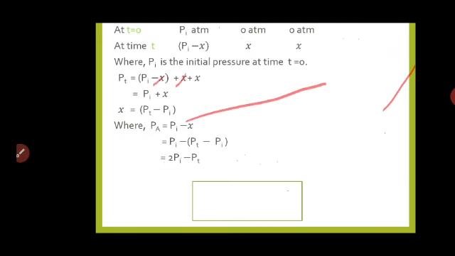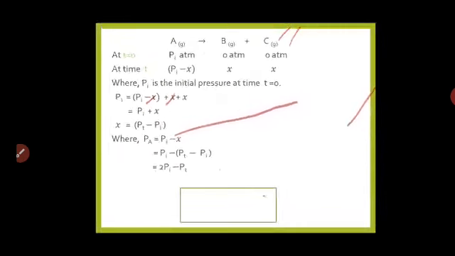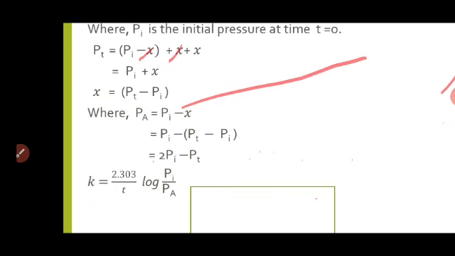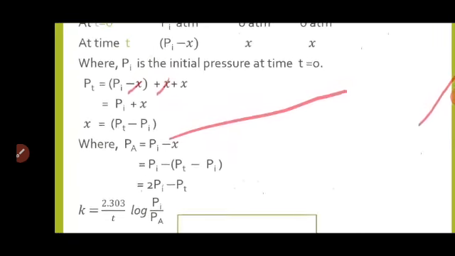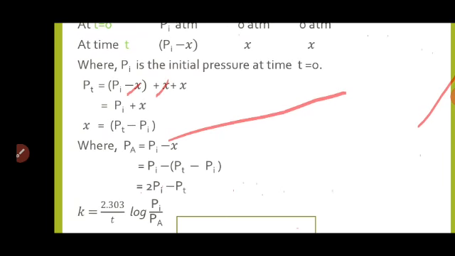Then K, the rate constant, can be given as 2.303 divided by T into log of, as we were taking for first order reactions, R naught by R. Like that, here Pi divided by Pa will come. So we substitute the value of Pa as 2 Pi minus Pt.